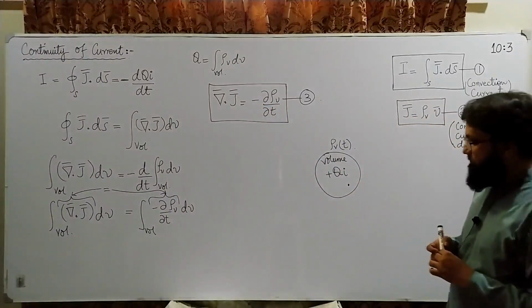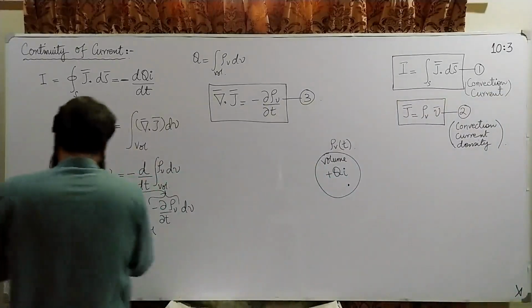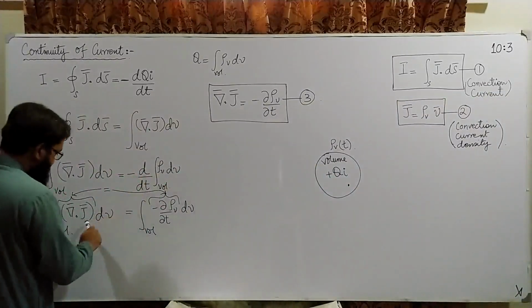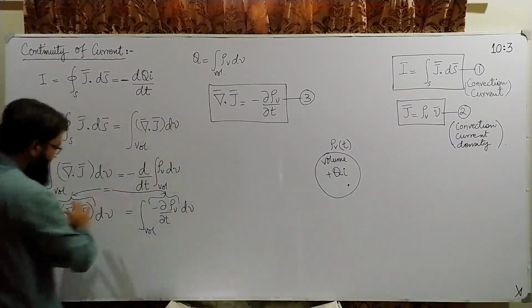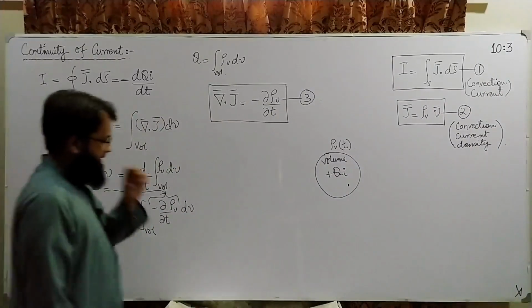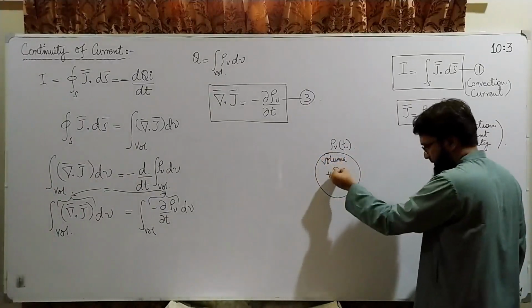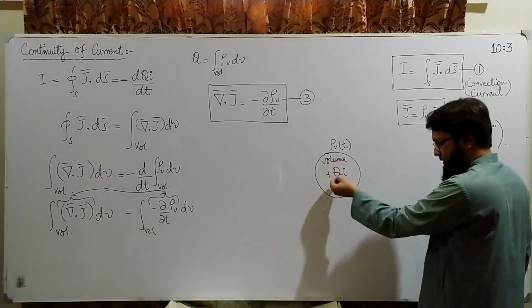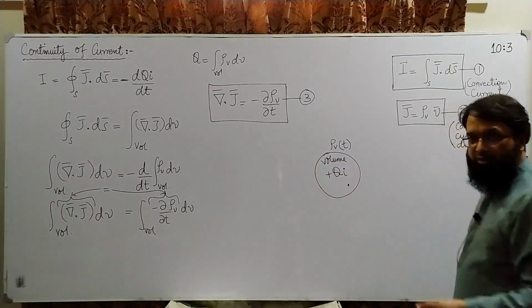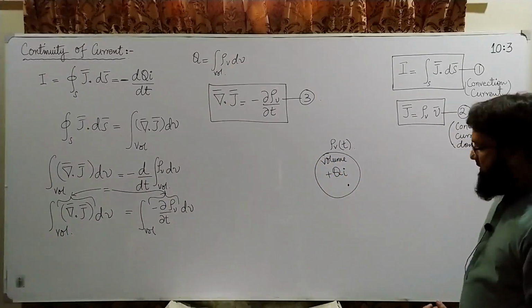So after this step, what we have practically done is apply a limit that this volume is tending to zero. It can be treated as a point.